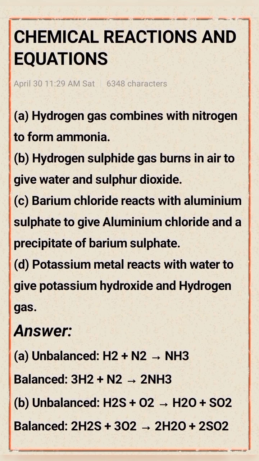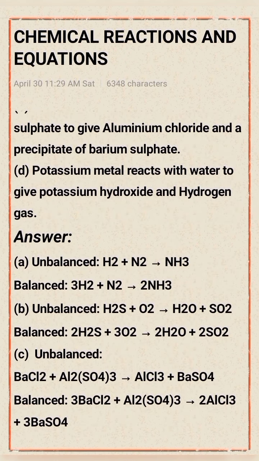Next part C: barium chloride reacts with aluminum sulphate to give aluminum chloride and a precipitate of barium sulphate. That is the unbalanced equation BaCl2 barium chloride and aluminum sulphate Al2(SO4)3, the product formation aluminum chloride AlCl3 plus barium sulphate BaSO4.